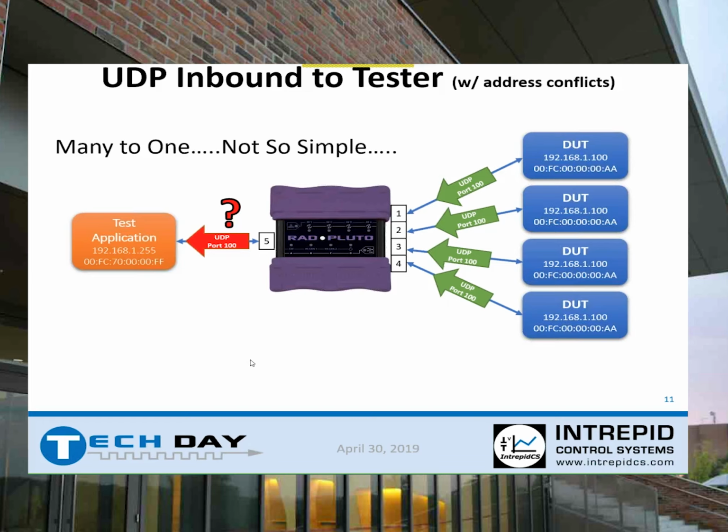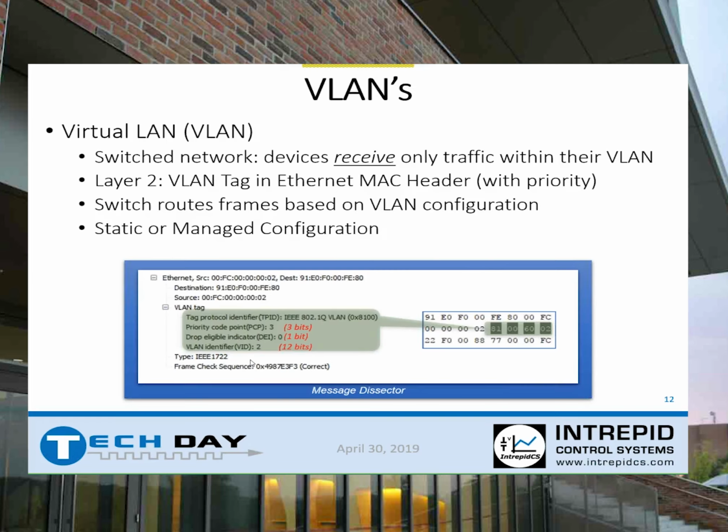So I'm going to talk about VLANs. VLANs were initially defined for virtual networks and managing virtual networks across common hardware. Switch devices only receive traffic that they are a member of that VLAN. The VLAN information is in the Ethernet header.